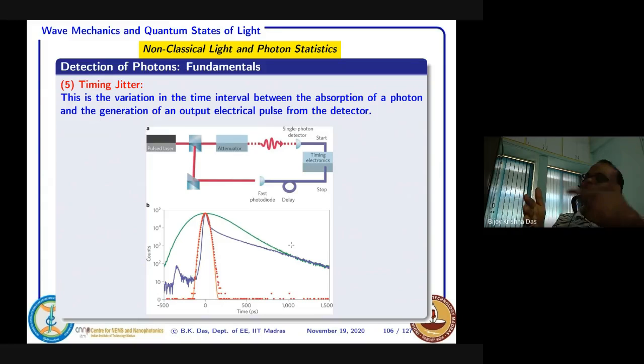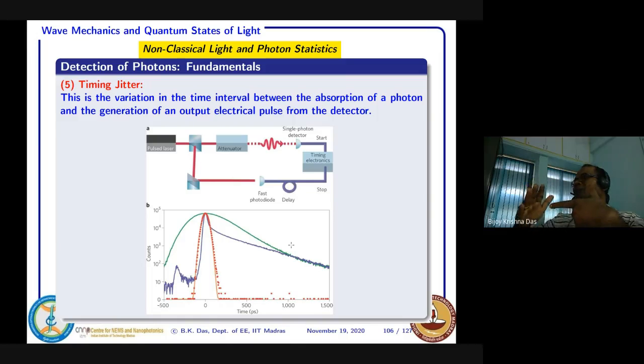Exactly where the photon is hitting matters: you have a photodetector whose area is, say, in the order of a few microns cross section, but you don't know where the photon is actually hitting the photodetector. So if it is hitting a different point, there is a different internal crystallographic structure, defects, deformations, and internal field, all those types of things are there.